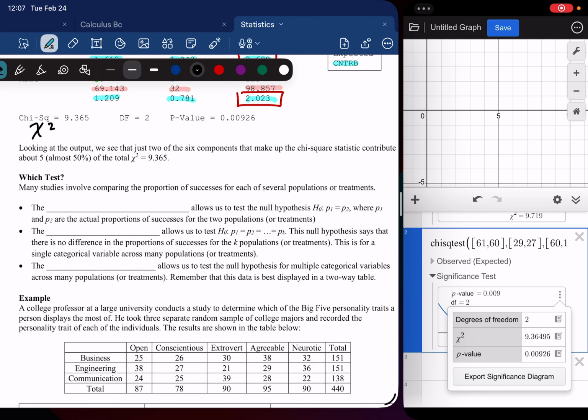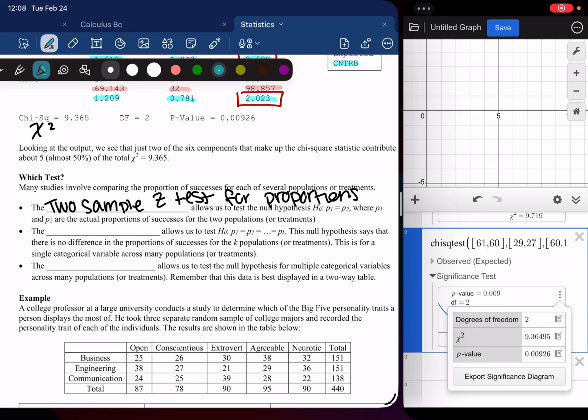Next part of the notes tells us, let's see if we can identify the difference between the two chi-squareds and the two proportion z tests because they're all very similar. The first one here is the 2-sample z-test for proportions.